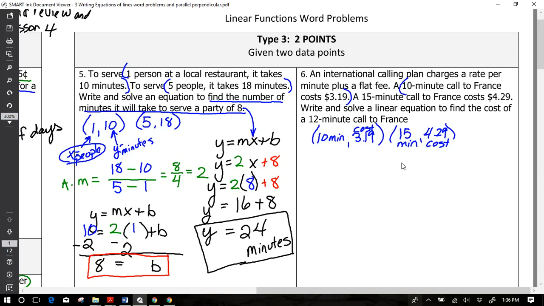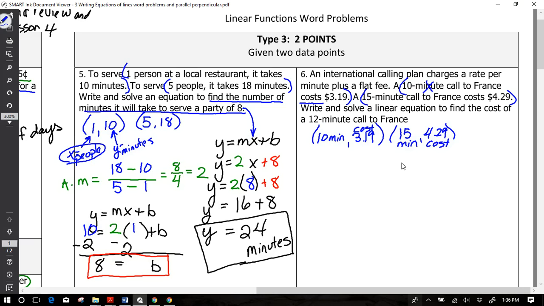All right, so I have identified my 2 ordered pairs. And in this, they gave me my information in 2 separate sentences, okay? So X is the minutes, 10 minutes. Usually what they give you first in the sentence represents your X value, and the last thing they give you is your Y value, okay, which in this case is total cost.